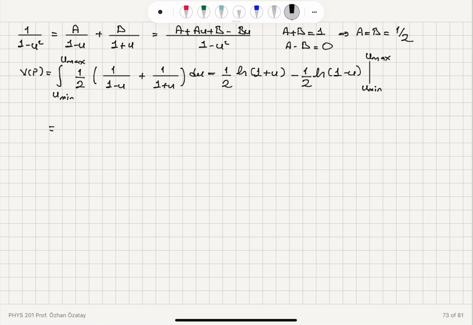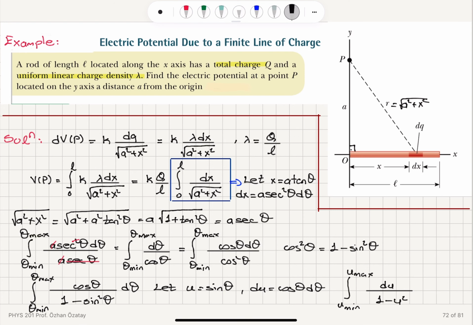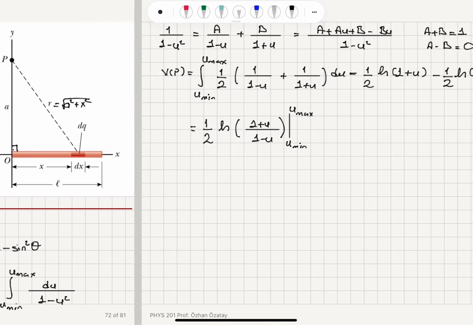So in 1 over 2 parentheses, we have the difference of two natural logarithms. So this becomes natural logarithm of 1 plus u over 1 minus u, which will be evaluated between u minimum and u maximum. And for u, I substitute u is equal to sine theta.